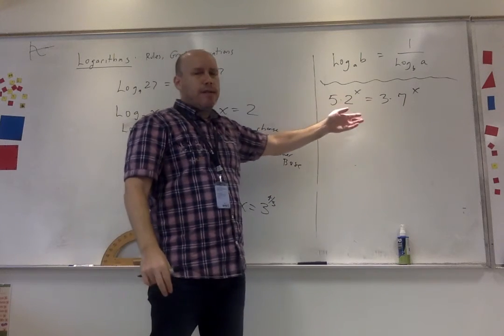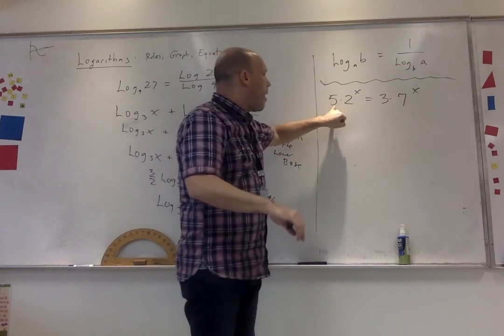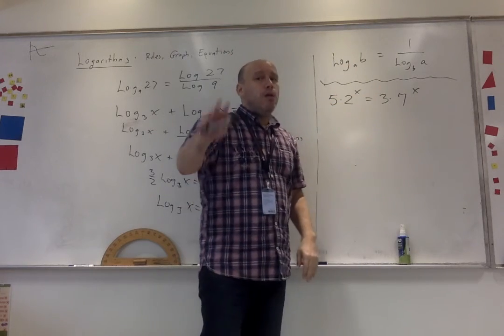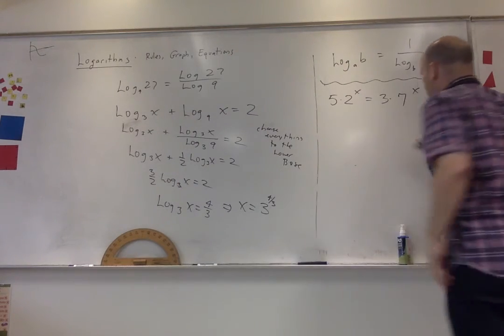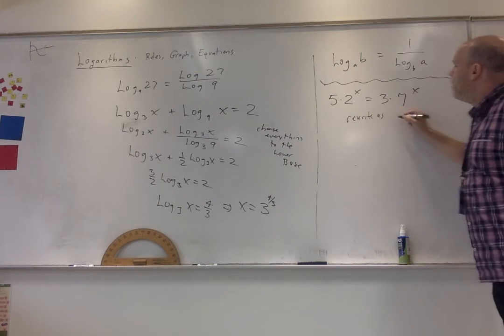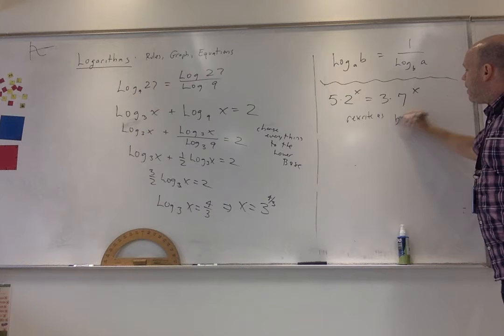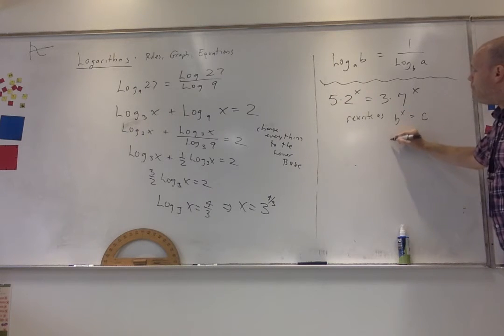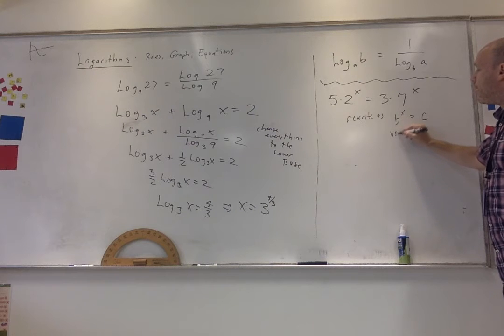We are dealing with constants and bases and exponents. The goal is to rewrite it as b to the x equals c, and then you're going to have to use your GDC.